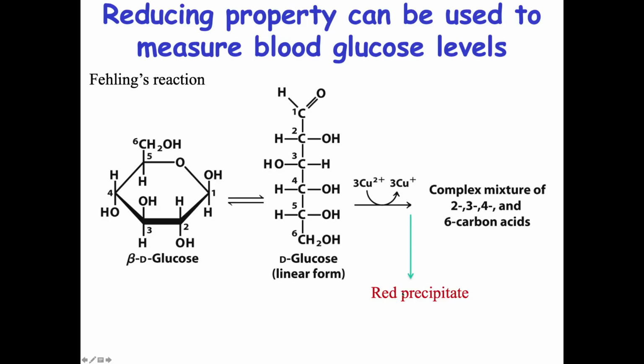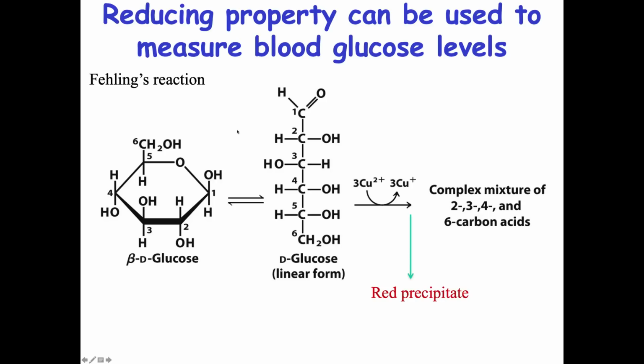Now, one thing to notice is that if you look at this hemiacetal, in this form the sugar is not reactive, so it can't interact with the copper. However, this molecule is in constant equilibrium between the ring and the linear form.